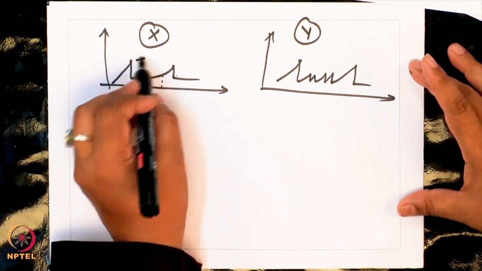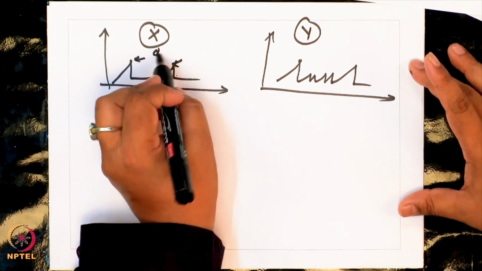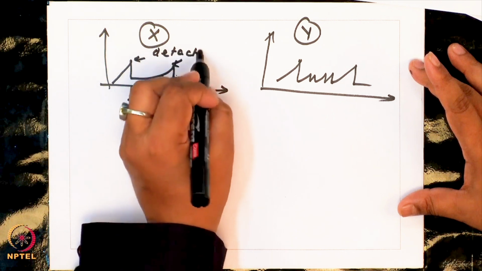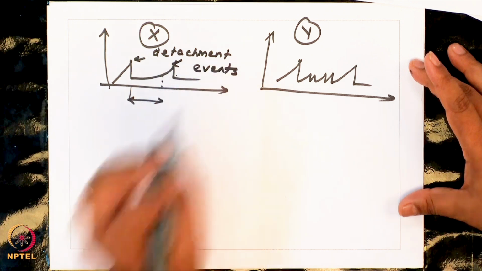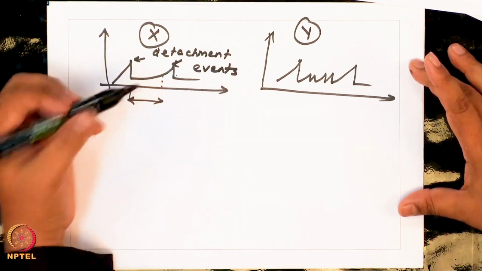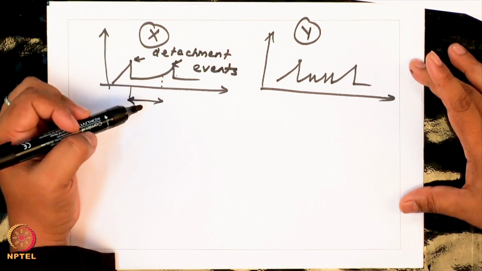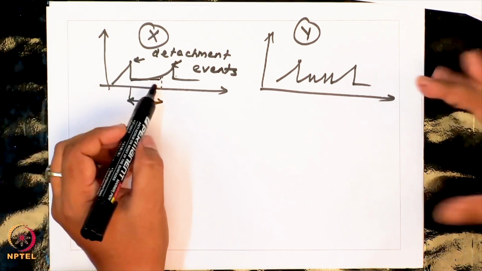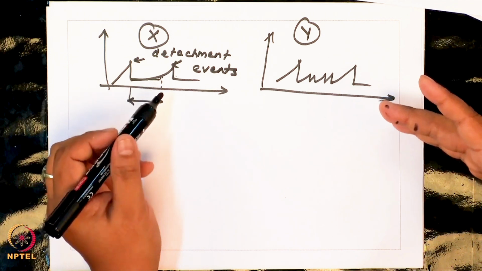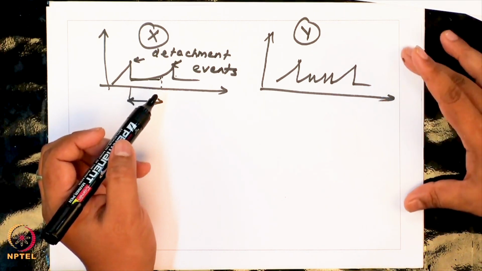You know that these two peaks correspond to detachment events. They do not come as a consequence of your domain, suggesting that this long stretch in between is the signature representative of your protein construct.